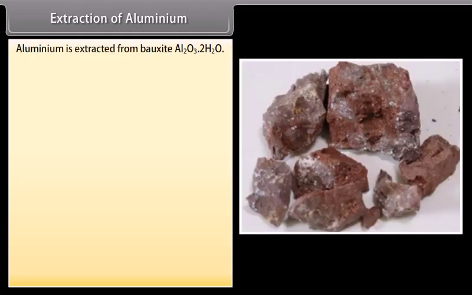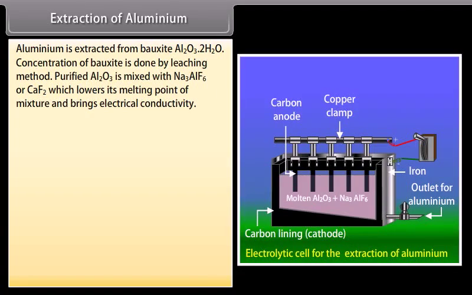Extraction of aluminium. Aluminium is extracted from bauxite, Al2O3·2H2O. Concentration of bauxite is done by the leaching method. Purified Al2O3 is mixed with Na3AlF6 or CaF2, which lowers the melting point of the mixture and brings electrical conductivity.